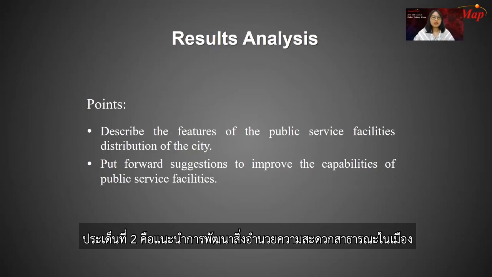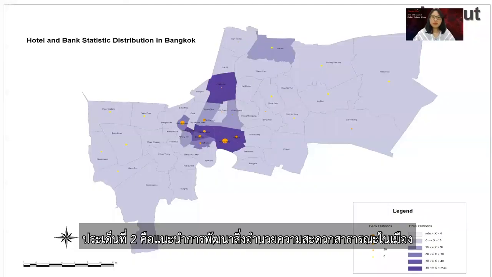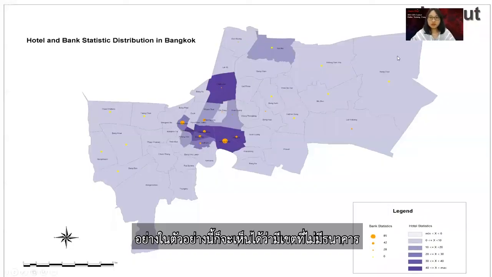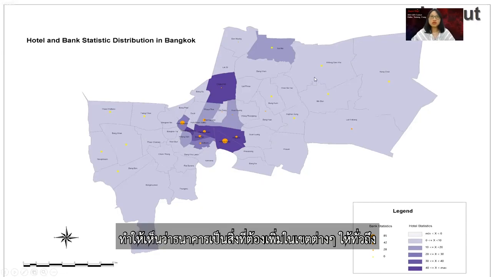And then put forward suggestions to improve the distribution of public service percentages. Just like this picture shows, here we know these cities have no banks. So you can think about whether it's necessary to add banks to these cities.